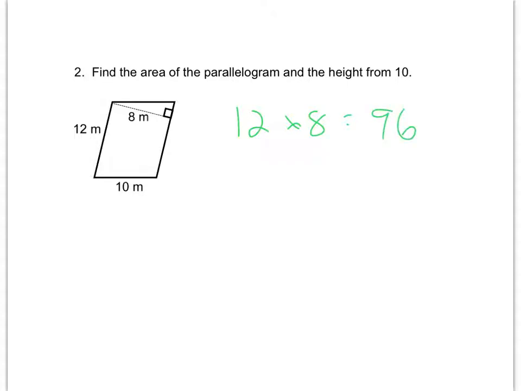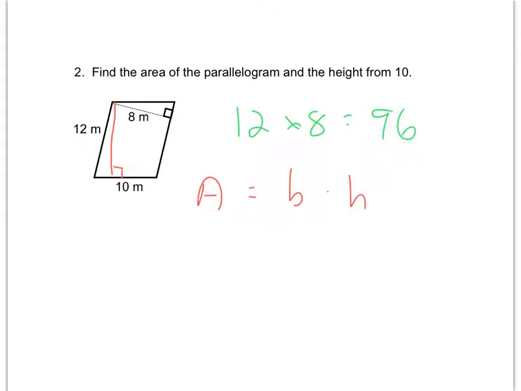I now want to find the height going from the other base. So I'm looking for this height right here, where that's a right angle. I know again that my area equals base times height. This base is 10.